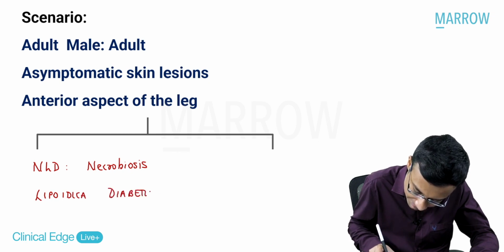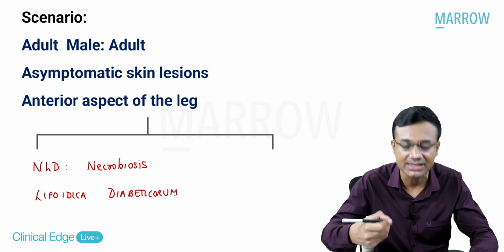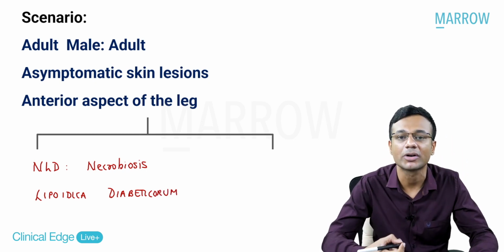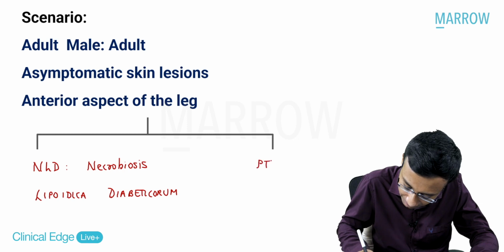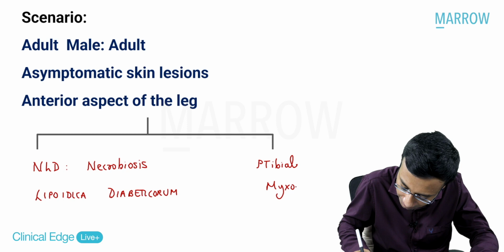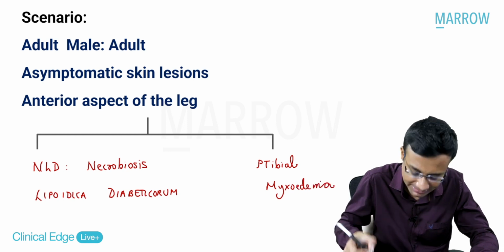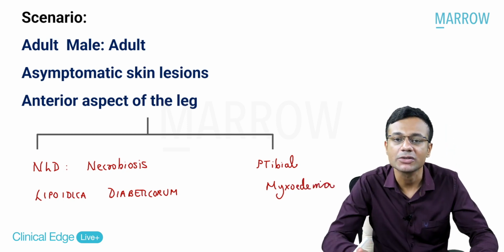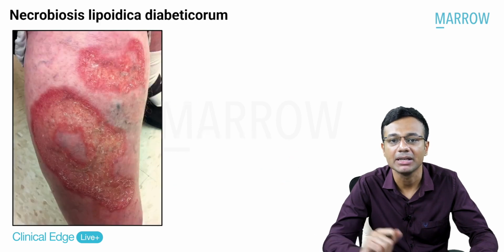This is the first differential diagnosis. Second important differential diagnosis here is pretibial myxedema. Now let us see how to distinguish between NLD versus pretibial myxedema.